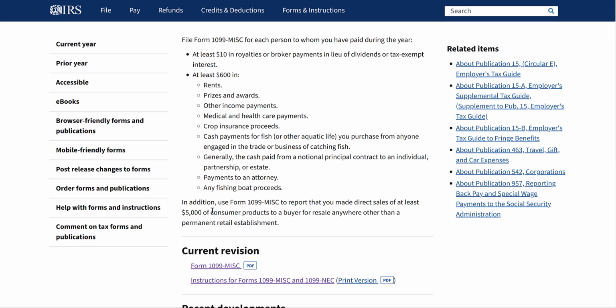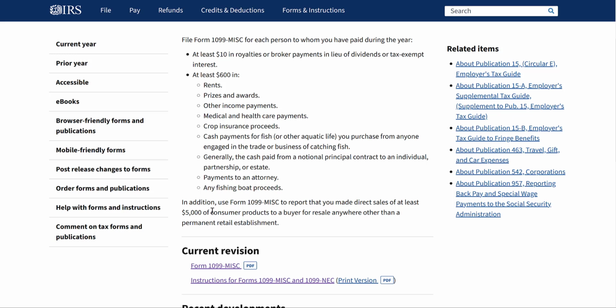So the $5,000 of consumer products can be reported either on Form 1099 NEC or Form 1099 Miscellaneous, but we do not want to report those payments on both forms, okay? So you just need to report on either a 1099 NEC or a 1099 Miscellaneous. You just check the box and move on, okay? So don't file both forms, pick one or the other.